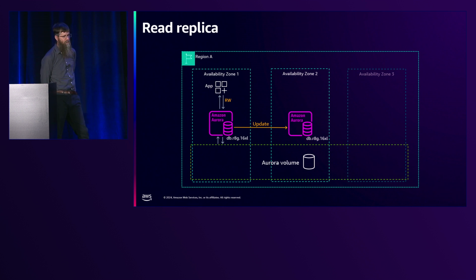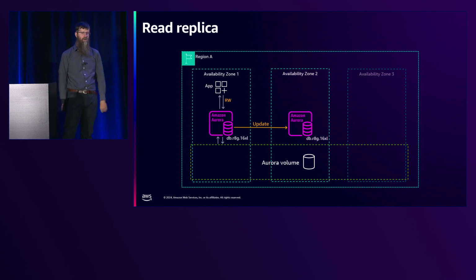So as we grow a bit more, then you might need some more read transaction throughput too. So you're already using a pretty big instance there. It's not the maximum size. You could go a bit bigger, but we say, I need some additional read throughput. So what we can do is that second instance that we already added as a failover target before is also a replica without you doing anything else, right?